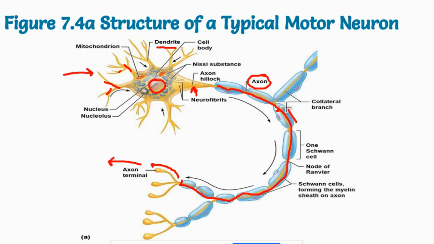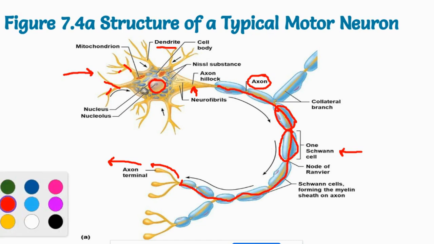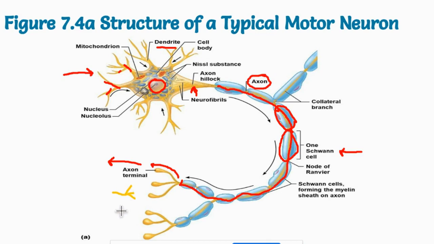Remember these little circles right here? That's the myelin sheath. Each one of these is part of the myelin sheath, which, in this case, is a peripheral nervous system neuron, because it's made by Schwann cells. Each one of these little blue sausages is a Schwann cell, and they all make up the myelin sheath. And then here are the dendrites of another neuron, the next neuron.